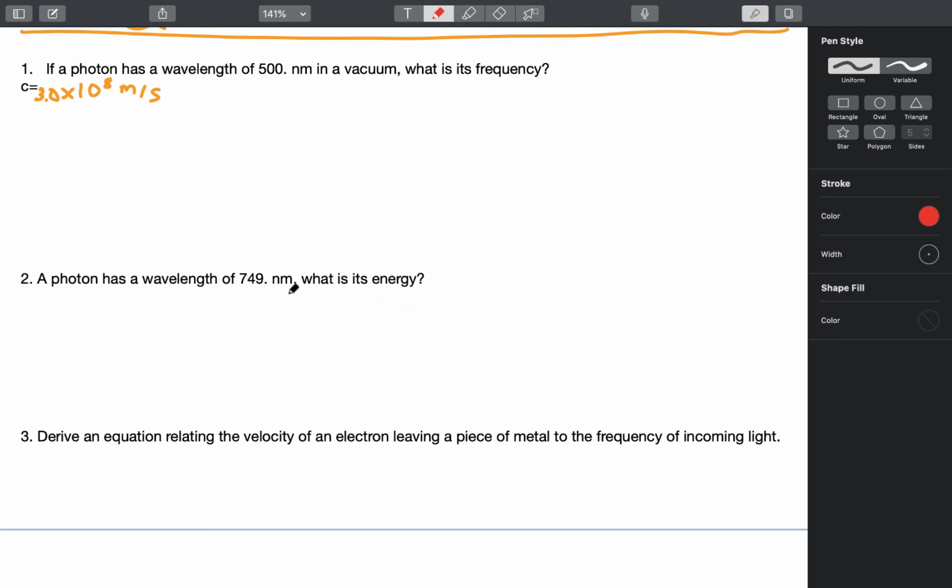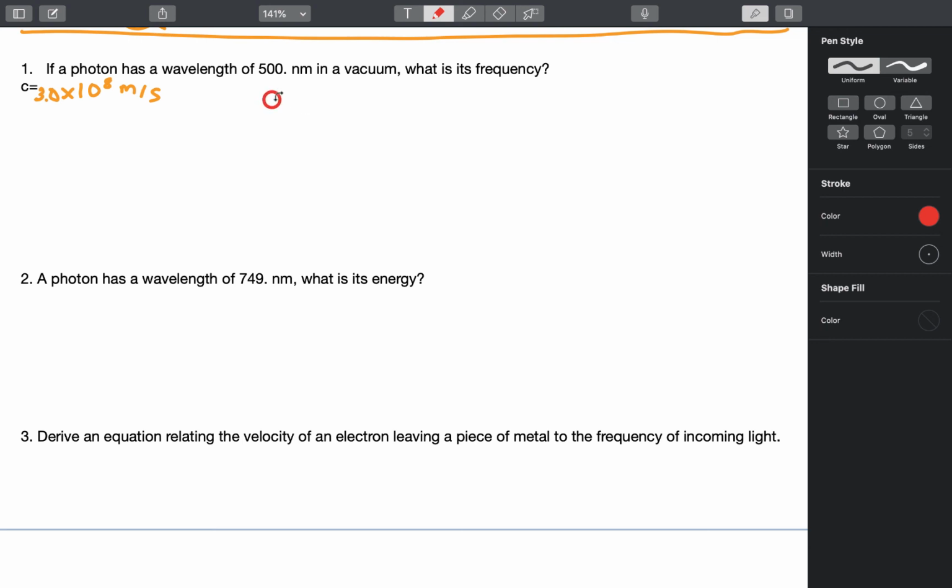So, if a photon has a wavelength of 500 nanometers in a vacuum, what is its frequency? Remember that all light in a vacuum travels at the same speed, and this speed is the speed of light. Here I said c is equal to 3.0 times 10 to the 8th meters per second. So let's solve for frequency.